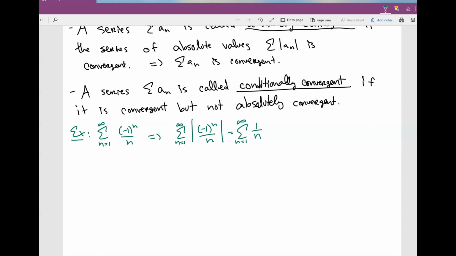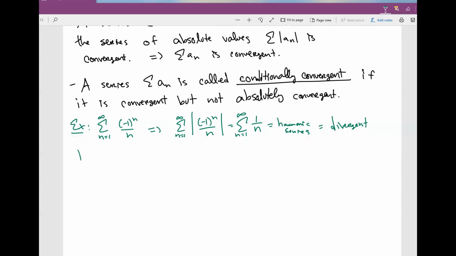Now this is just a harmonic series, or you can say a p series with p equaling 1. Now we know that this is going to be divergent. This diverges either by p series or by harmonic series, so you can say whichever you want. But what else do we know? By the alternating series test, which we just proved to ourselves in the previous video, this converges.